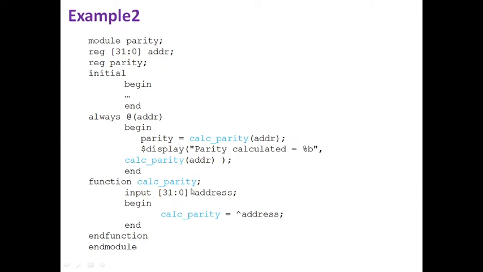So the output of this function, calc parity, is passed back by setting the value.